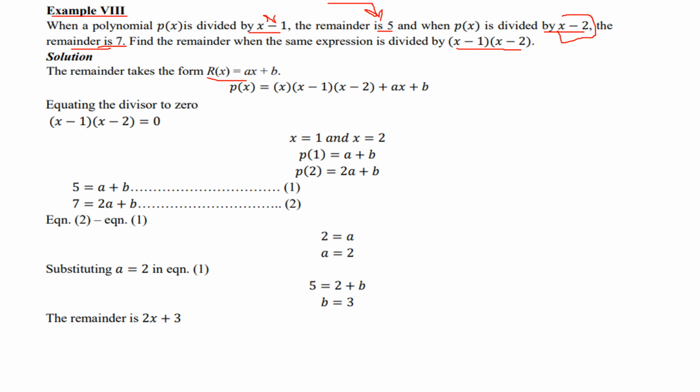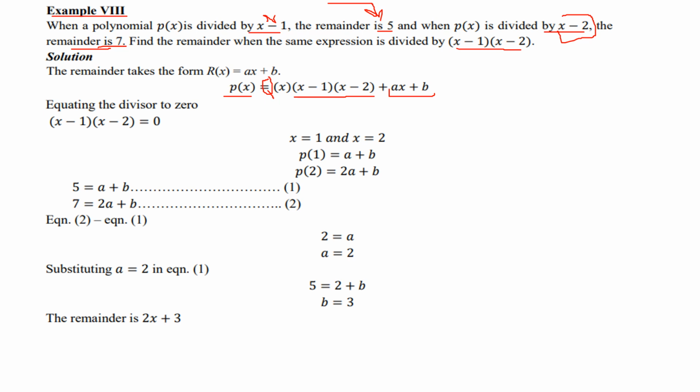And on doing so, you quote the general formula of a given polynomial. The general formula is: polynomial of x is equal to the quotient, here the quotient of x, multiplied by our divisor, in this case x minus 1, x minus 2, plus our remainder which is going to be in the form of ax plus b.